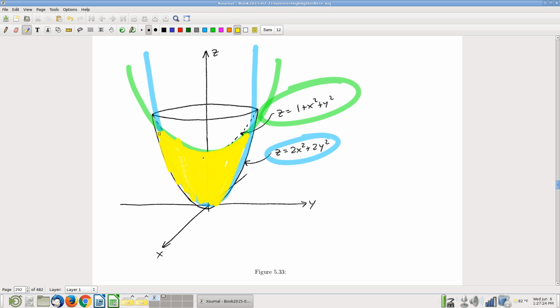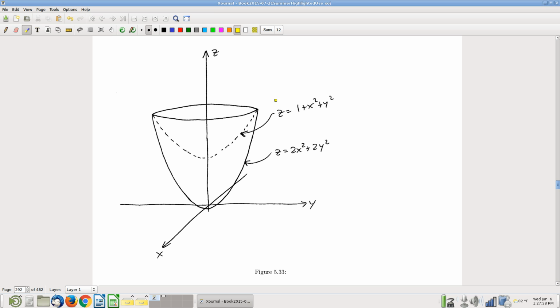And it's hard to draw a good picture of these three-dimensional regions. In fact, I've drawn a bad picture there. Let me get rid of that. What we're trying to draw is everything that's below the upper paraboloid but above the lower paraboloid. And the way I've drawn it, it looks like it has a vertex there, and it doesn't. What it has is a lip that goes all the way around. It's like a weirdly shaped little goblet with a heavy glass base in it.